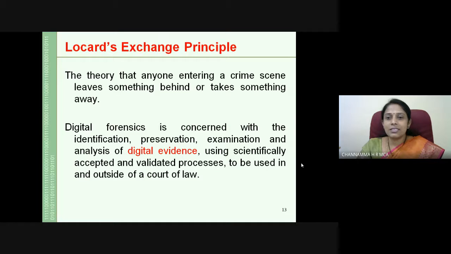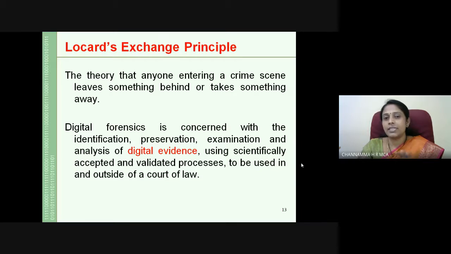Digital forensics is concerned with the identification, preservation, examination, and analysis of digital evidence using scientifically accepted and validated processes, to be used in and outside of the court of law. This is the actual definition of digital forensics.